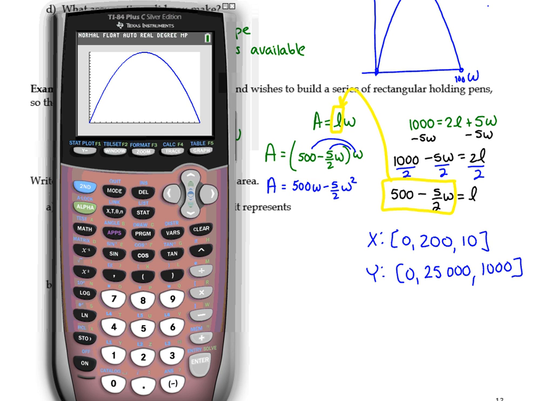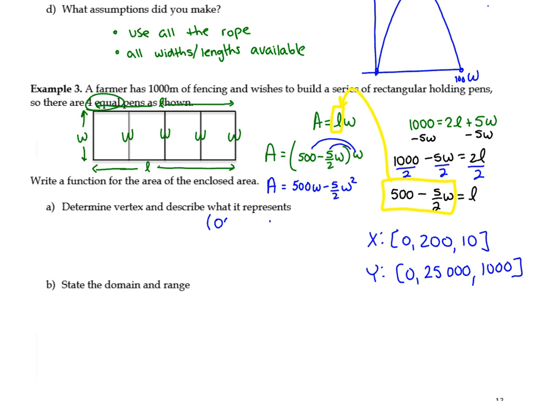What's your vertex going to be? Where's your vertex at? Once you get your windows perfect, you don't even have to use your graphing calculator and use the maximum feature. We already said, right? It's at 25,000.